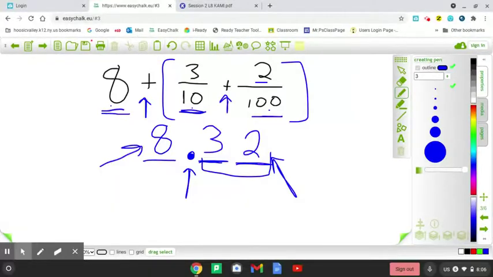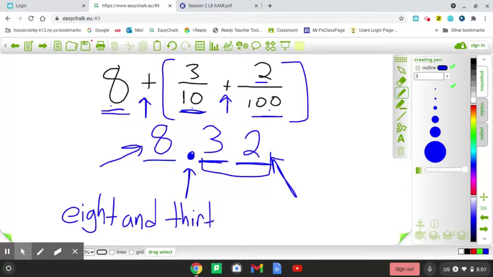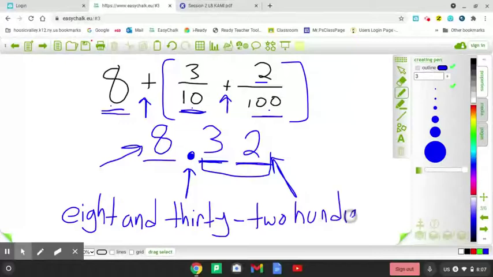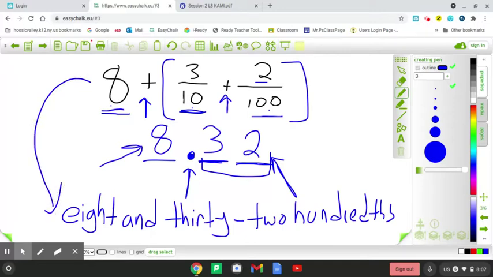For my word form, 8 and 32 hundredths. And that's how we go from expanded form to word form. We got to make a little stop in the standard form so that we can read it like a standard number.